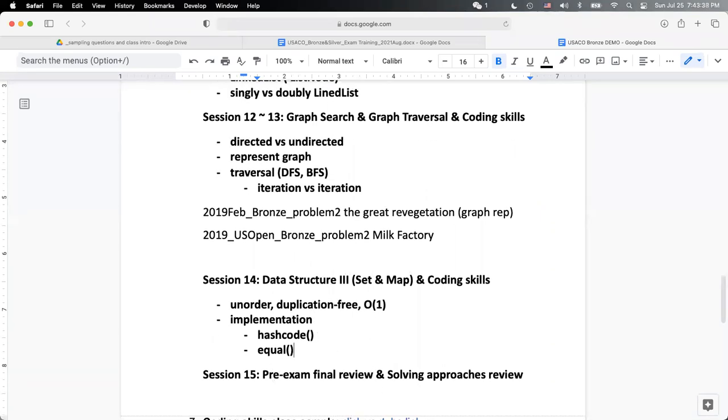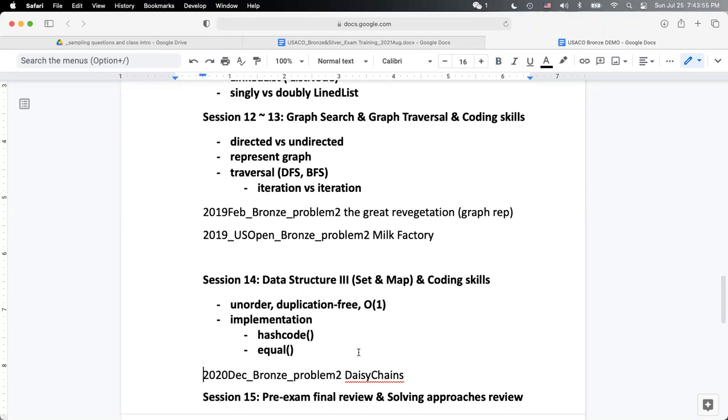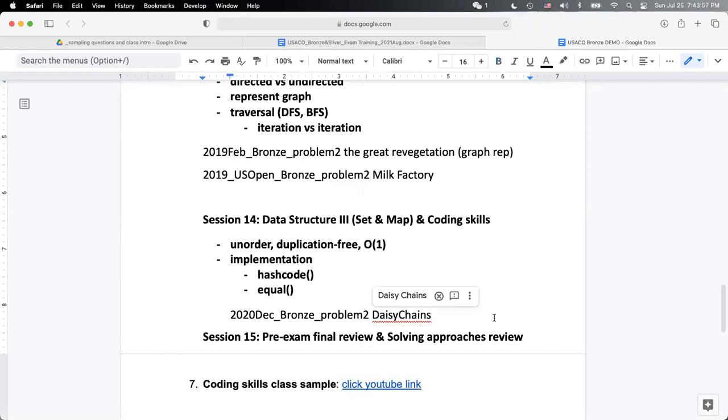All right. So that's that. Let me try to find any use cases for you to have a sense of set and map. I believe I do have, for example, 2020 for this one. This one is typically using hash set and hash map, but not just like that.